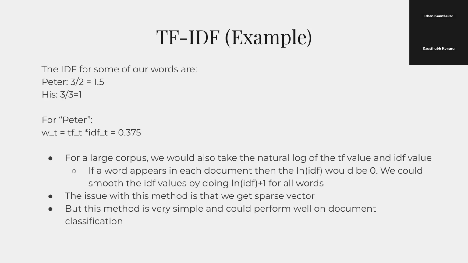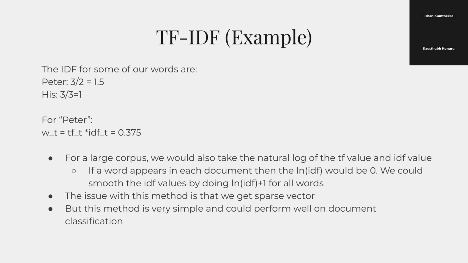This would create sparsity, because if you would have a 1,000 length vector for each document, but each document only has a total of like 100 unique words, you're going to have 900 elements within the vector just being 0. But what we can do is take a natural log of the TF value and the IDF value, so that it would normalize and smooth the value so it's not too extreme in the vector.